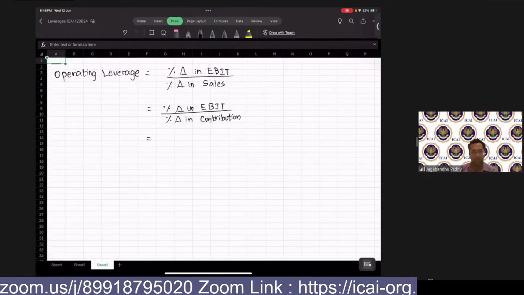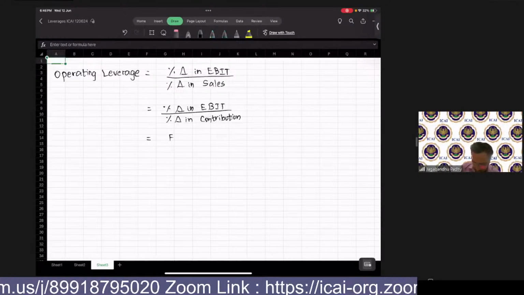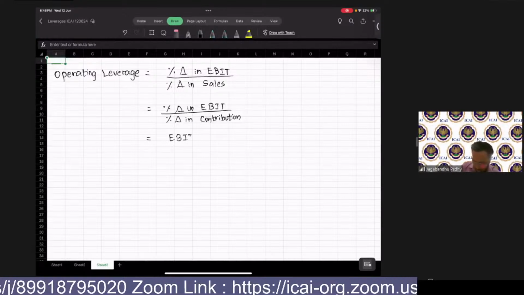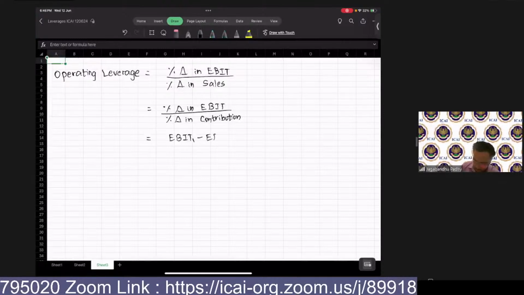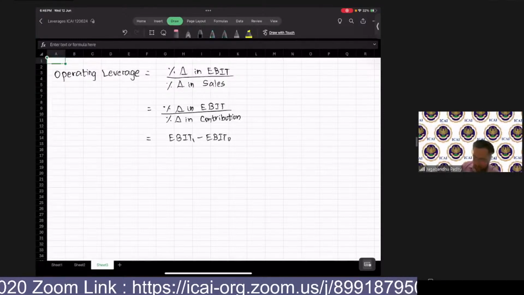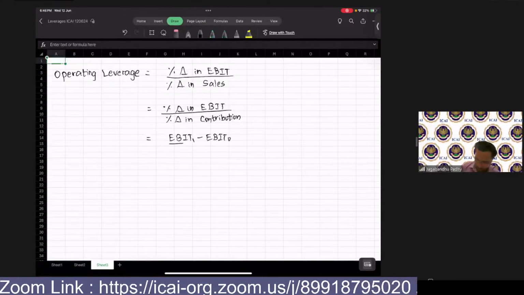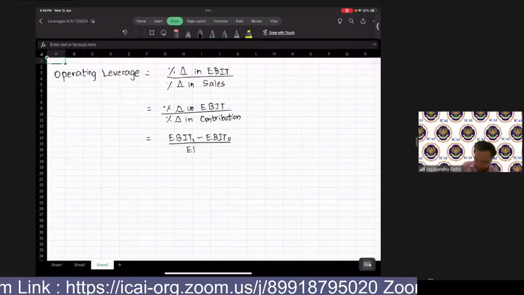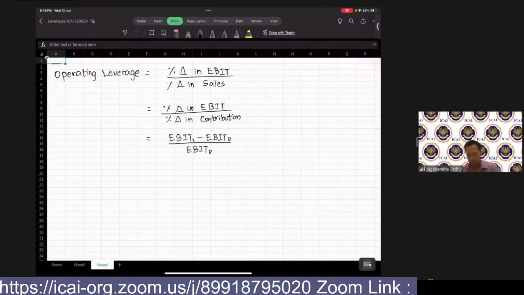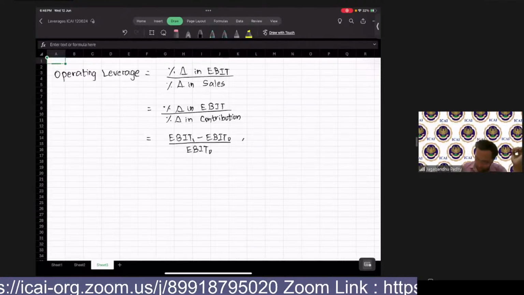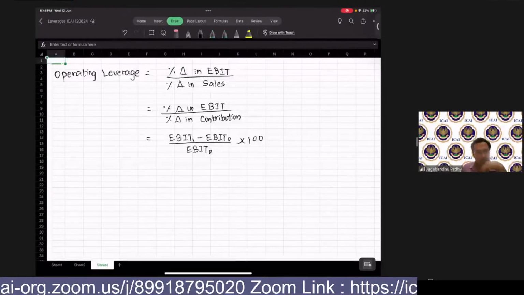Percentage change in EBIT is computed as new EBIT, EBIT 1, minus old EBIT, which is EBIT 0, upon EBIT 0, the old EBIT, into 100.